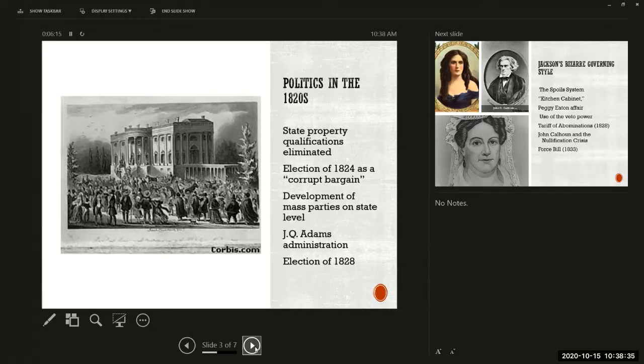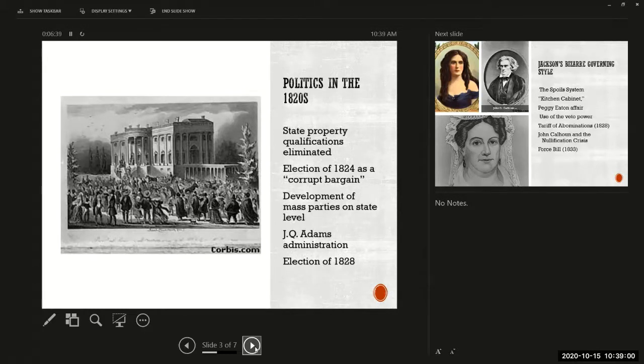I should have also mentioned that on the state level, massive political parties developed during this time period, and people were encouraged to participate in politics. They were registered to vote. There were parades and barbecues and banners and all kinds of things getting people excited about the vote.